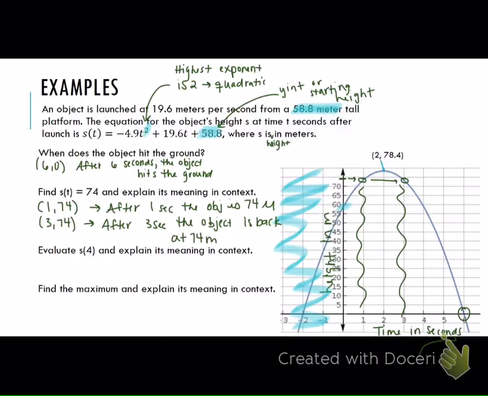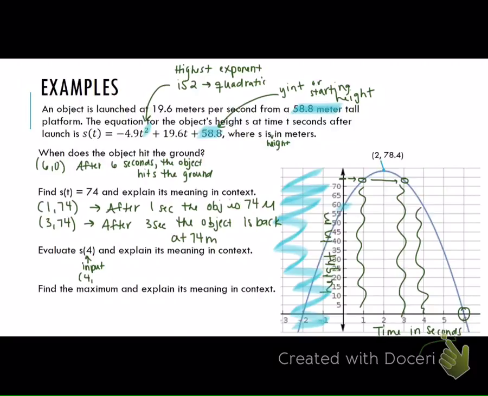Okay, evaluate s of 4 and explain its meaning in context. You have to draw the stuff on the graph. I'm just doing this so you see what I'm doing. So, Alyssa, what is s of 4? Is that the input or the output? Input. So our x value is 4. When our x value is 4, what is our y value?